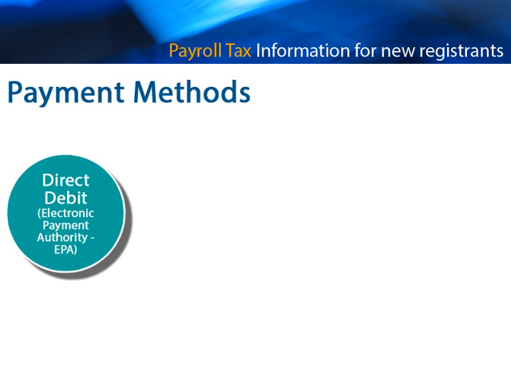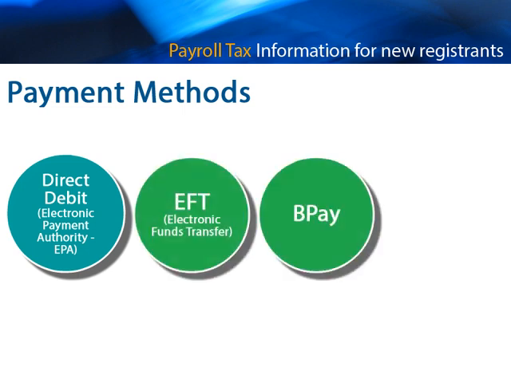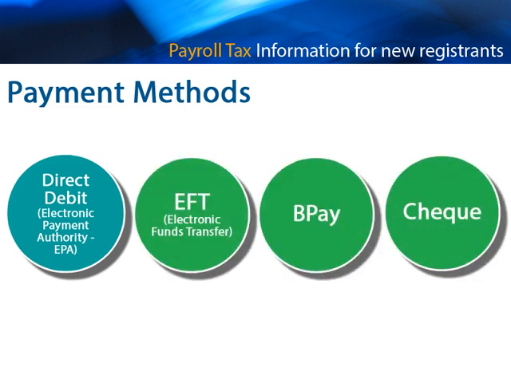Please note, RevenueSA Online will only accept future dated payments up until the due date of the 7th for monthly returns and the 28th of July for the annual reconciliation. If you are not registered for direct debit, other payment methods include EFT, VPay, and cheque.